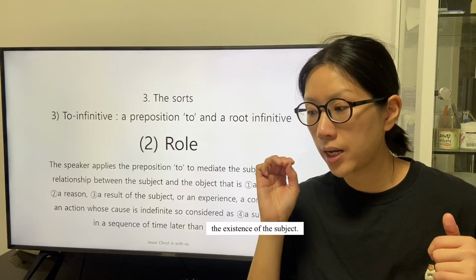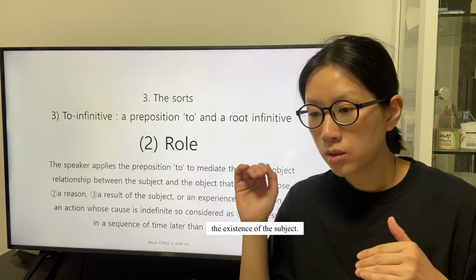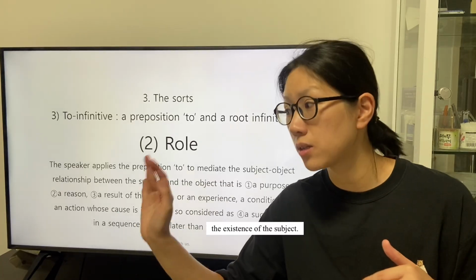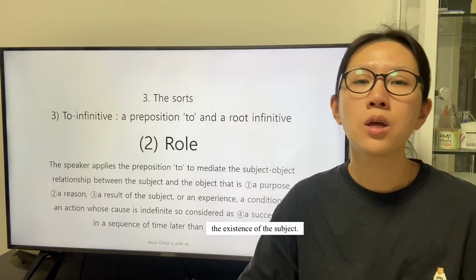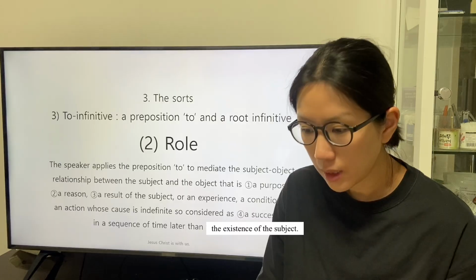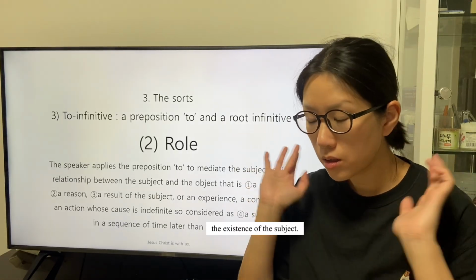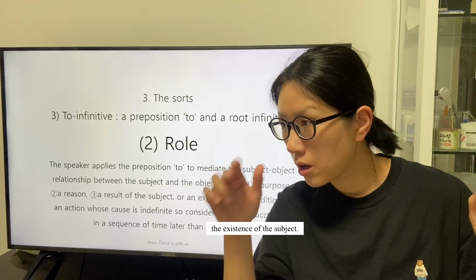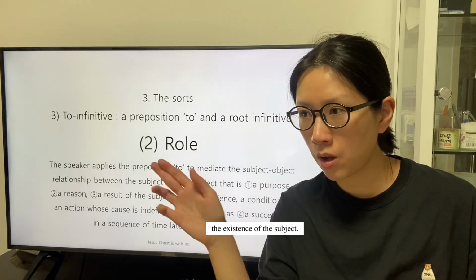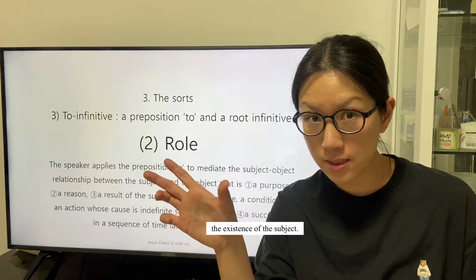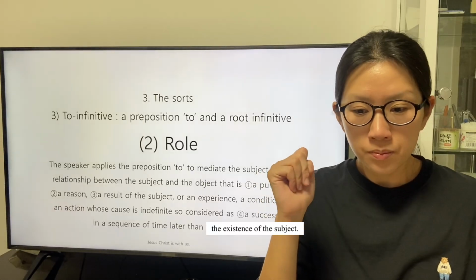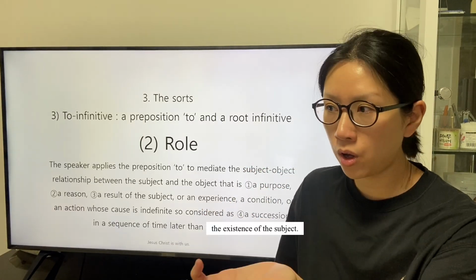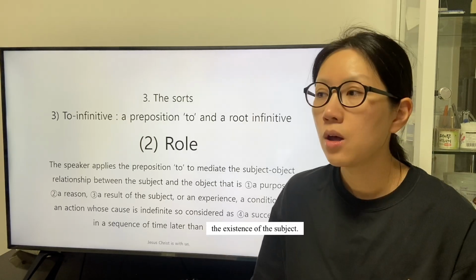The dictionary has the information about the trait of a word, and the speaker applies the word with the predetermined trait in a clause according to the trait of a word.